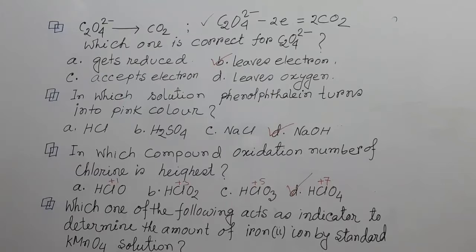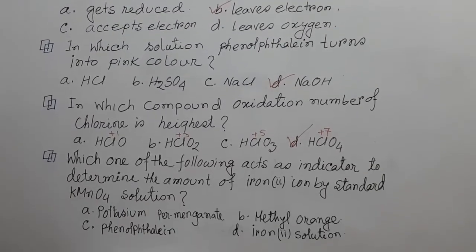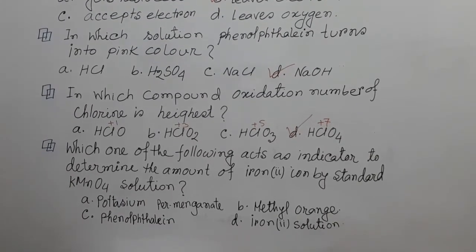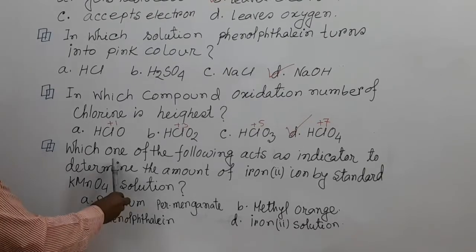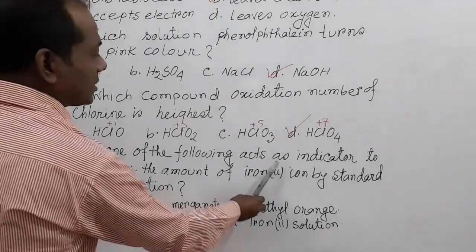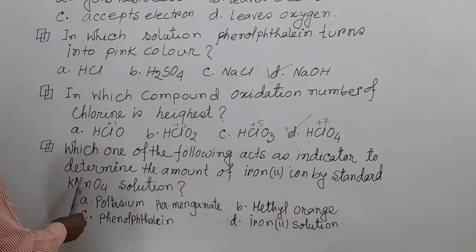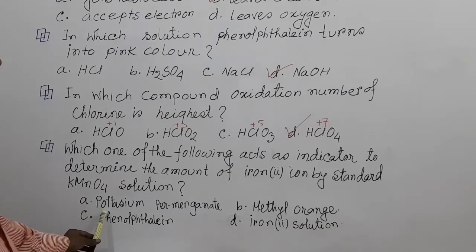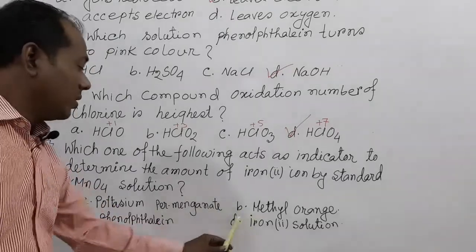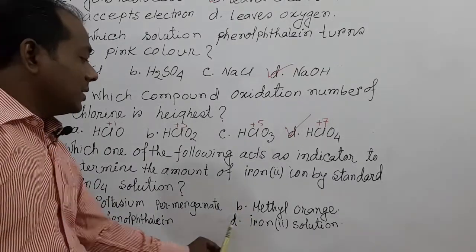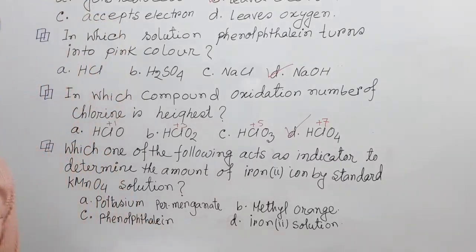answer. Now my dear students, our next question is, which one of the following acts as indicator to determine the amount of iron ion by standard potassium permanganate solution? The given options are potassium permanganate, methyl orange, phenolphthalein, and iron 2 solution.